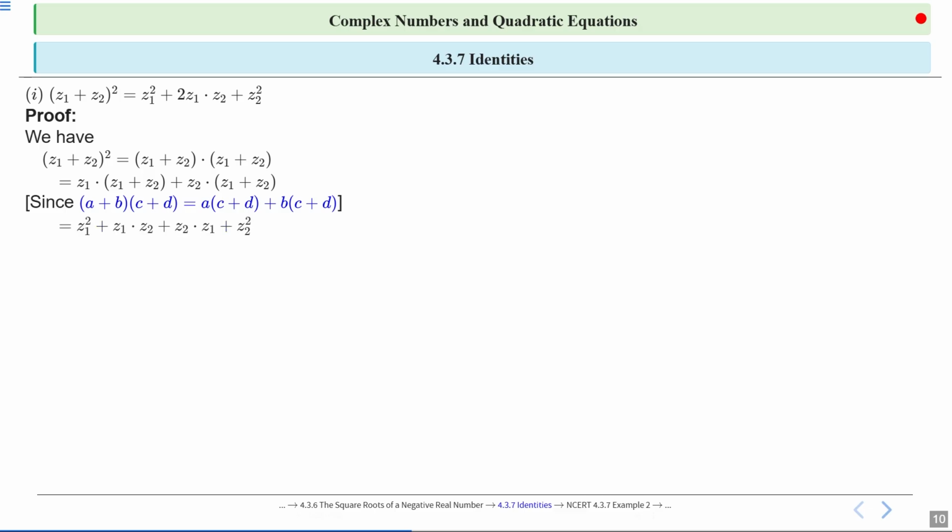Now let's distribute each term. So we obtain z1 square plus z1 times z2 plus z2 times z1 plus z2 square. Since multiplication of complex numbers is commutative, that is z1 times z2 is the same as z2 times z1, we can combine those two terms and write z1 square plus z1 times z2 plus z1 times z2 plus z2 square.